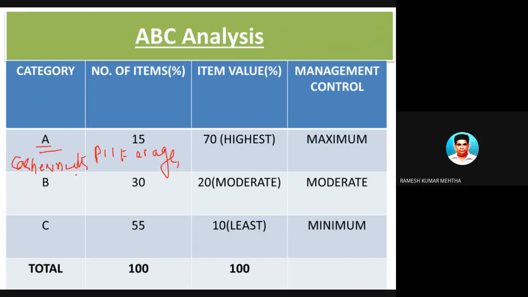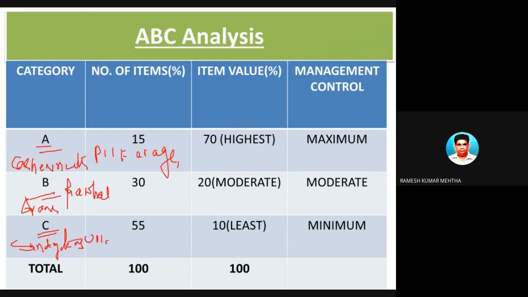Number two is B category. B category can be something like food items or grains, I will call it rice, wheat, etc. And the last item is sundry items like onions.